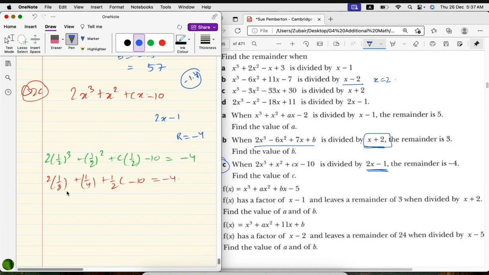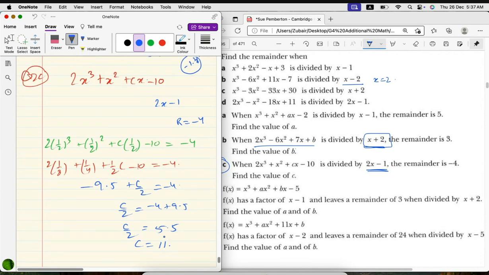So 2 into 1 by 8 plus 1 by 4 minus 10 is negative 9.5 plus c by 2 is equal to minus 4. 9.5 minus 4 is 5.5. C is equal to 5.5.